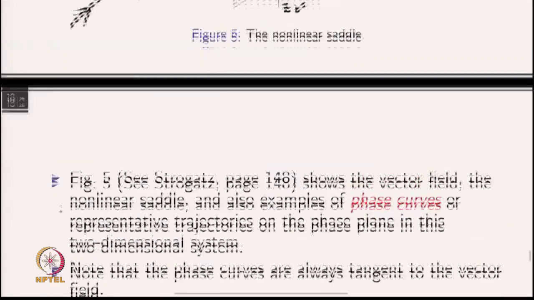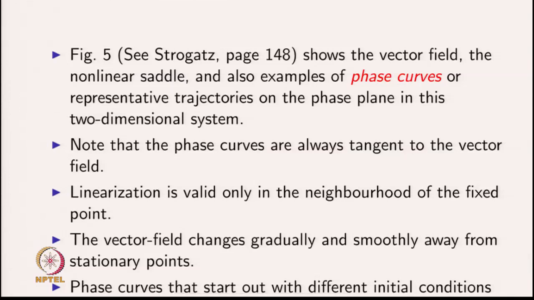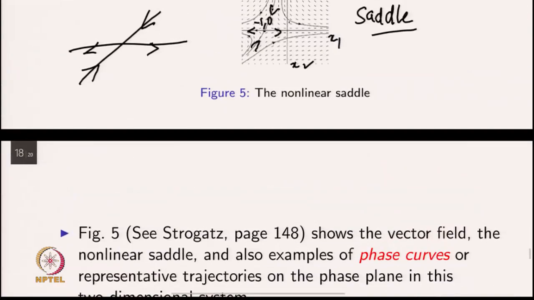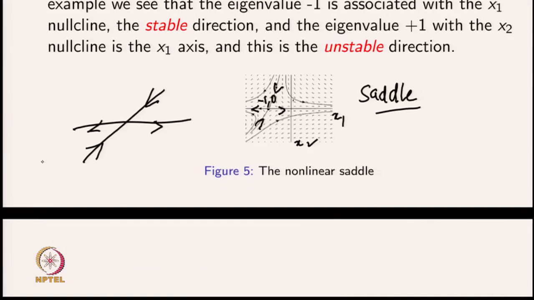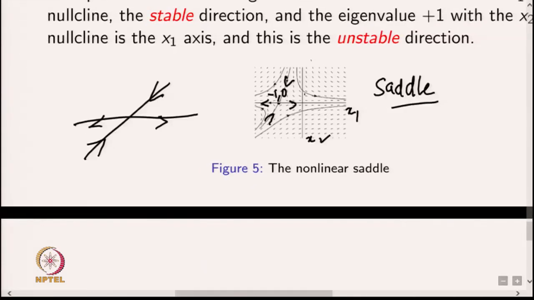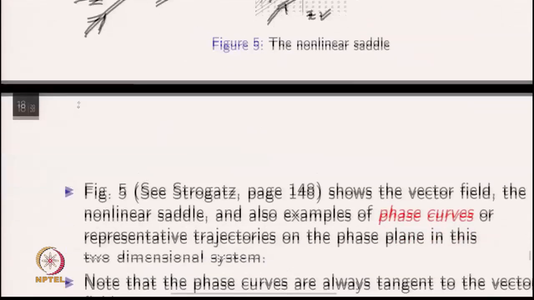Now, this image is taken from Strogatz's book, and it shows the vector field, the nonlinear saddle, and in addition to the vector fields, which are these arrows that you see over here, and the nonlinear saddle, you also see some examples of phase curves, namely what would happen if I started at a particular point and moved on and integrated the equations of motion.